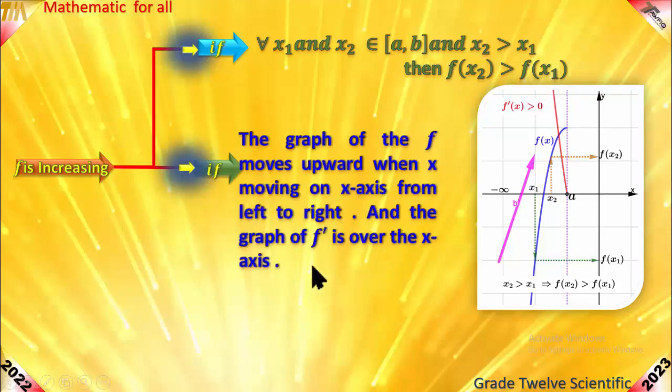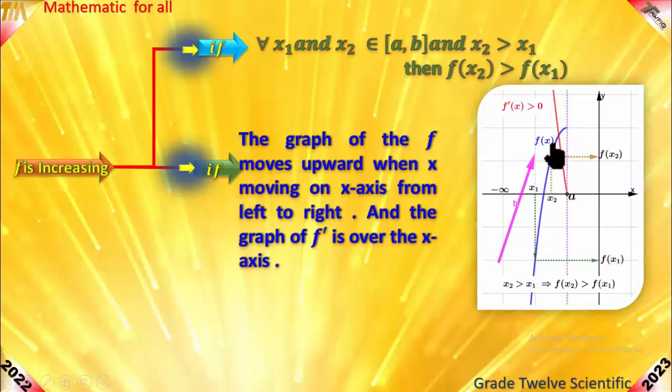Definition: the graph of the function moves upward when x moves on the x-axis from left to right, and the graph of f prime is over the x-axis. You can see here that the function is going upward.